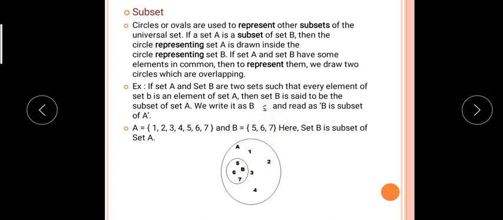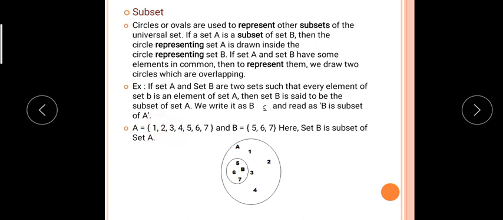If you observe, students, B has the elements 5, 6, 7, which are elements of set A, and therefore we say that set B is a subset of set A. This means every element of set B is an element of set A, and it is represented by the Venn diagram in this way, and by the symbol ⊆, a C-shaped sign with a simple line underneath. It is read as B is a subset of A.